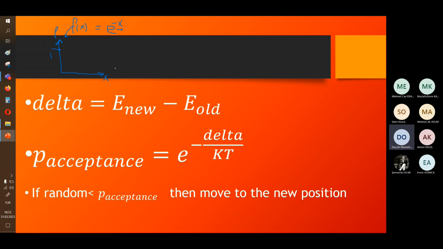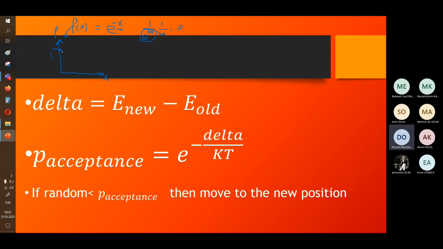When x goes to infinity, it will be 1 over e power infinity, because it is minus, as you can see. 1 divided by infinity is 0. Sorry, e power infinity is infinity. 1 divided by infinity will be 0.